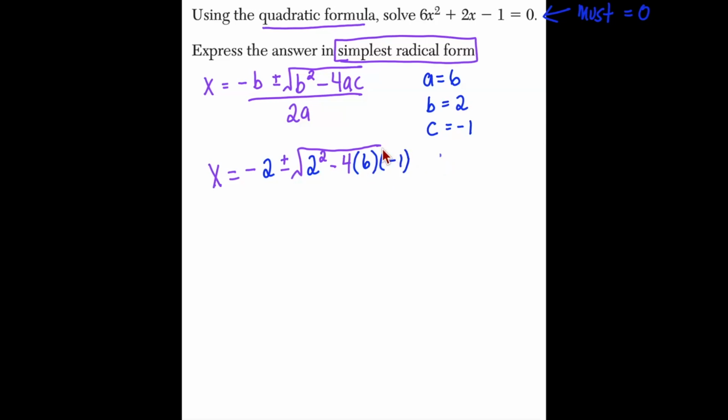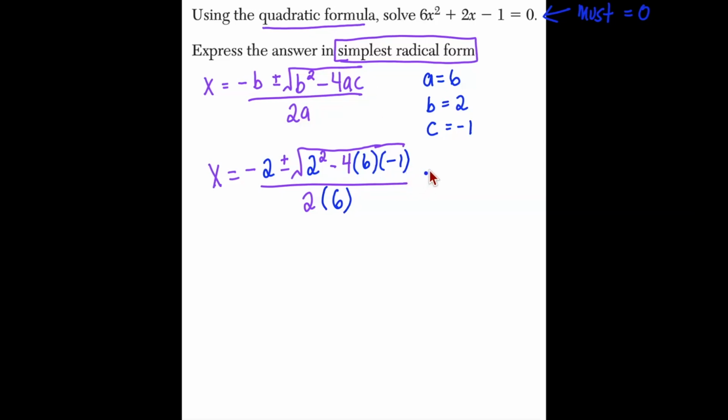Now on the denominator, I've got 2 times A, which is 6. So the first step with the quadratic formula is the most important step, and it's good practice to double check everything. My B's 2, 2, my A 6, 6, my C negative 1.